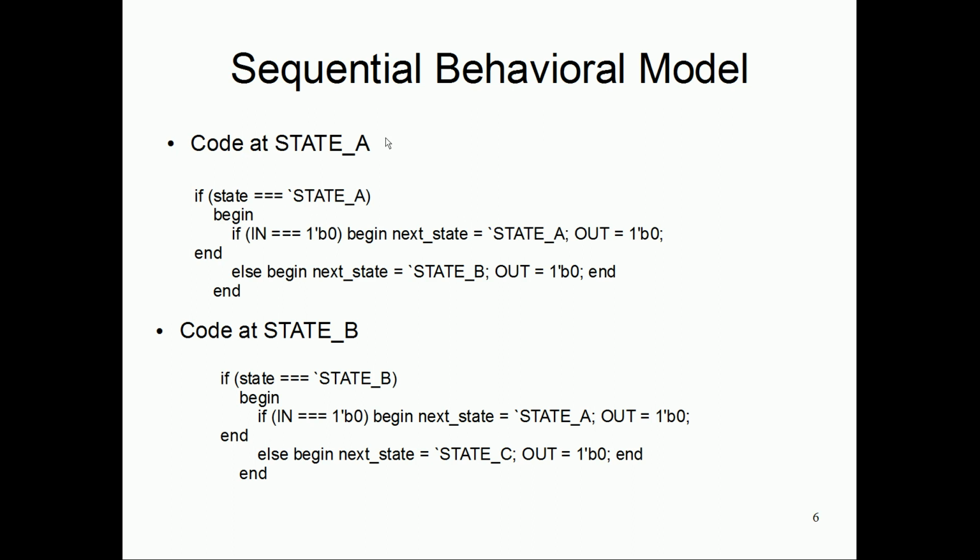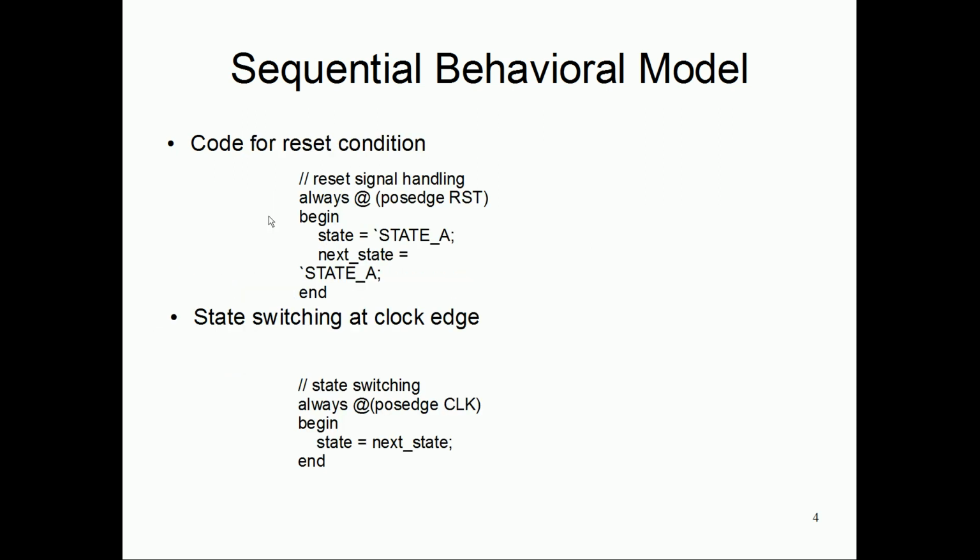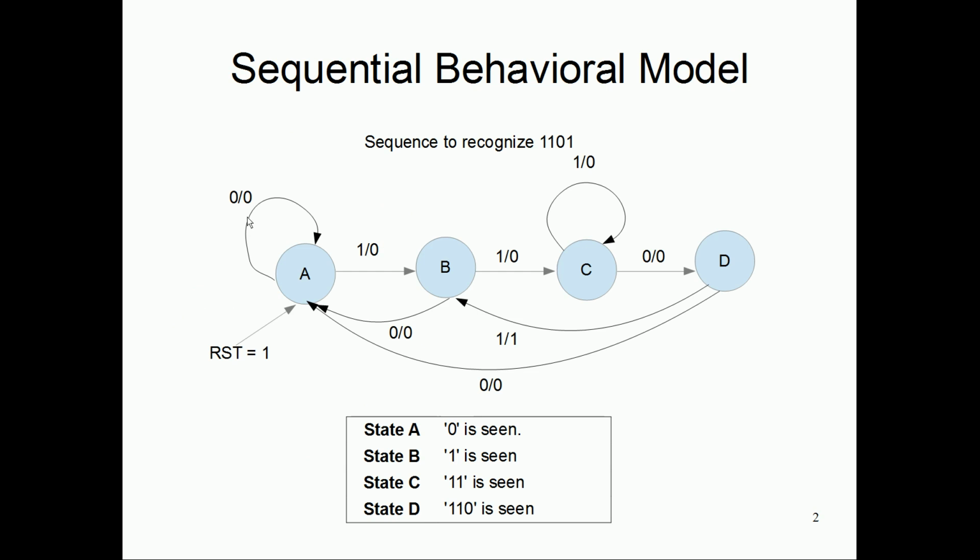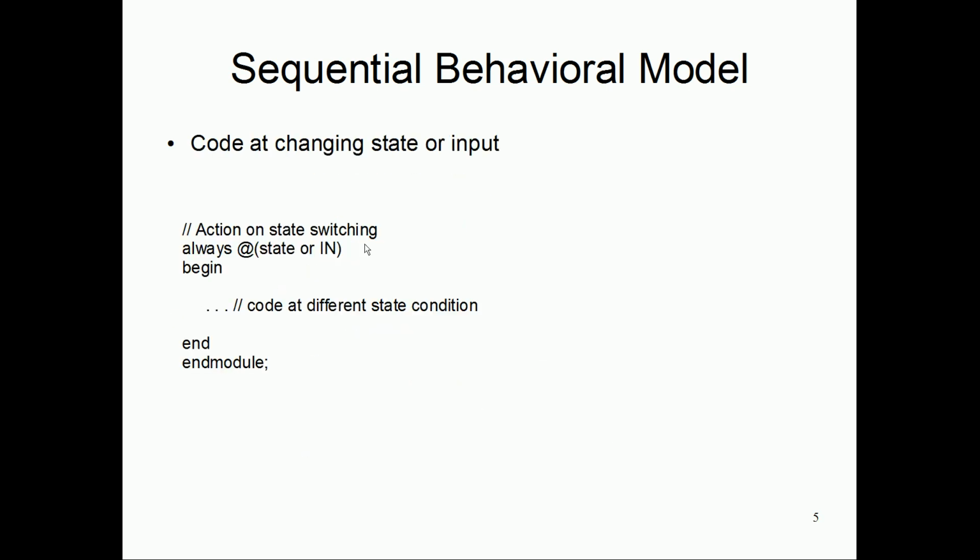Now the code at state A. When it is at state A, we know that if the incoming input is 0, the next state is A and output is 0. If the incoming input is 1, the next state is B and output is 0. So we encode exactly that here.